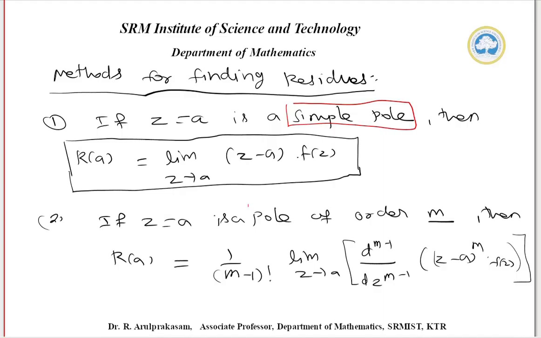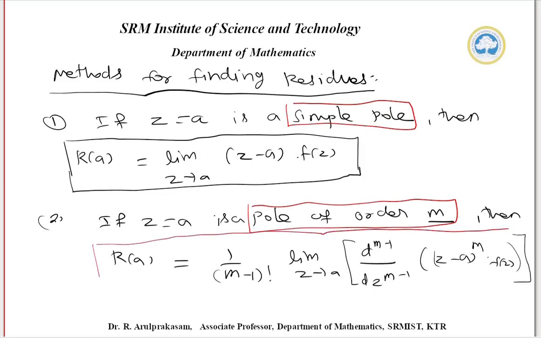Suppose I have a pole of order m. Then the formula is 1 divided by (m minus 1) factorial, limit as z tends to a, of d power m minus 1 by dz power m minus 1, which is the (m minus 1) times derivative with respect to z.